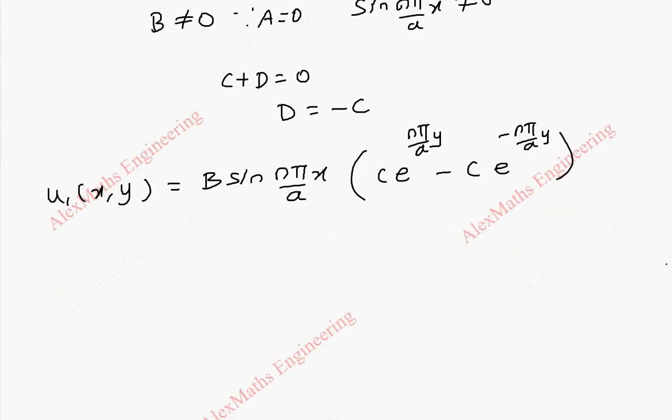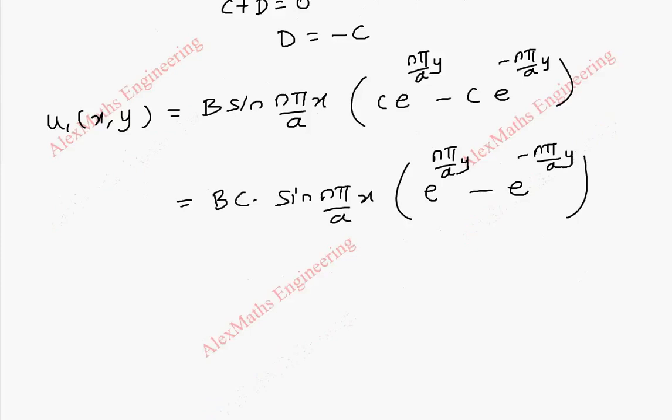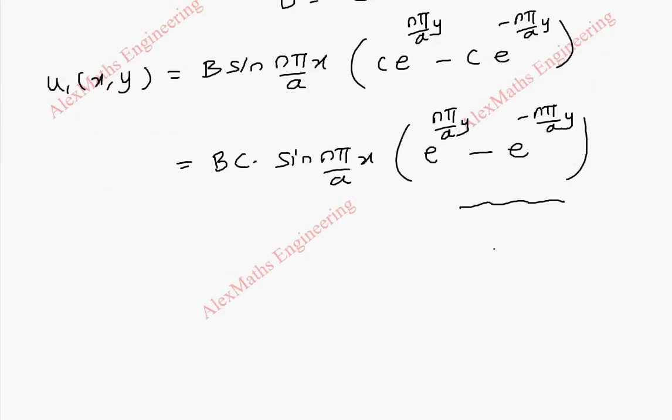So now c can be taken outside, and b into c, then sin(nπ/a)x, and we have e^(nπy/a) minus e^(-nπy/a). And this whole term, according to the formula, e^x minus e^(-x) is 2 sinh x.